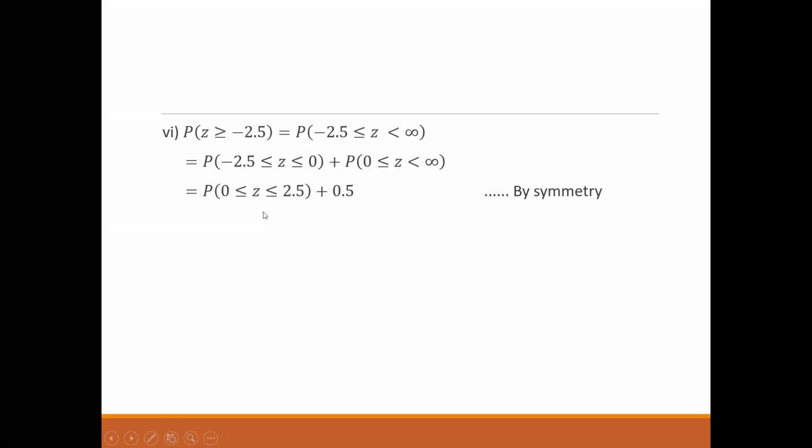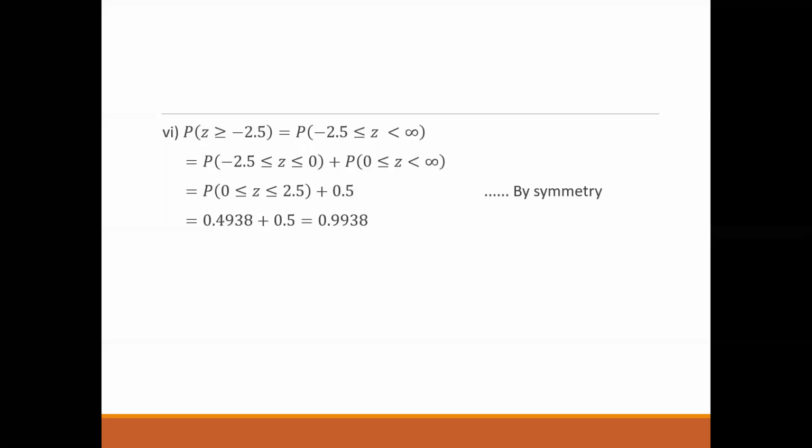And when we refer to the table for the value of 2.5, I'm going to get 0.4938. So 0.4938 plus 0.5 is going to give me 0.9938.